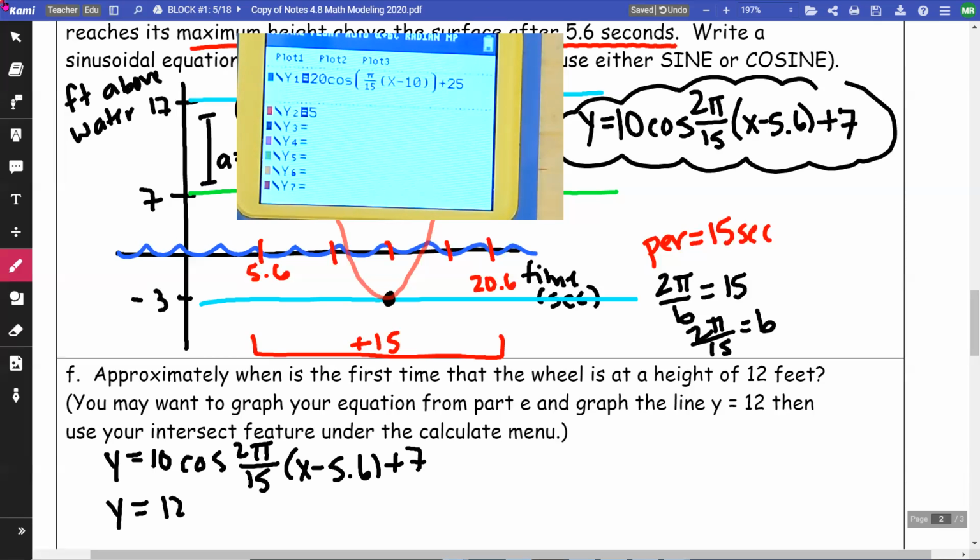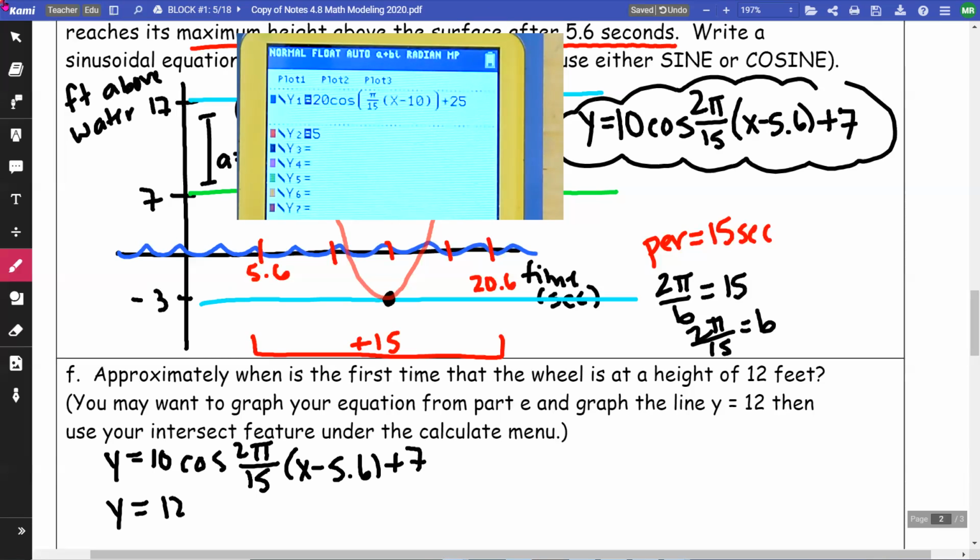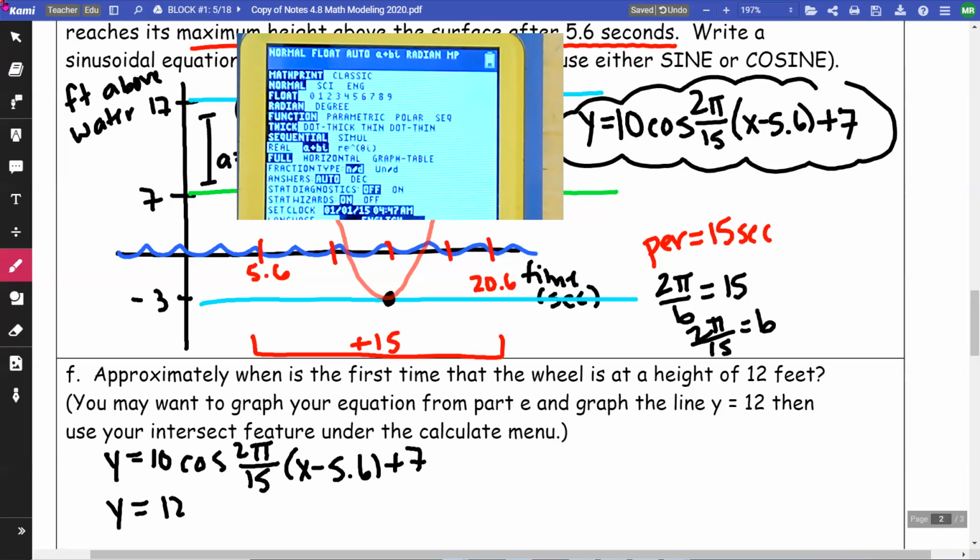So I'm going to go to y equals, and here I'm going to just adjust my mode real quick.